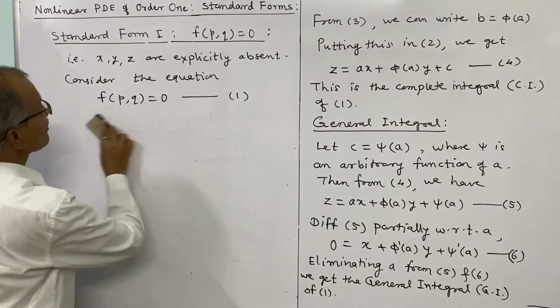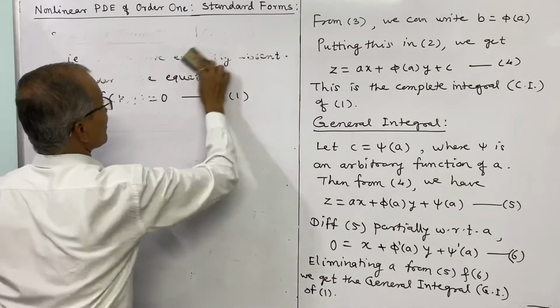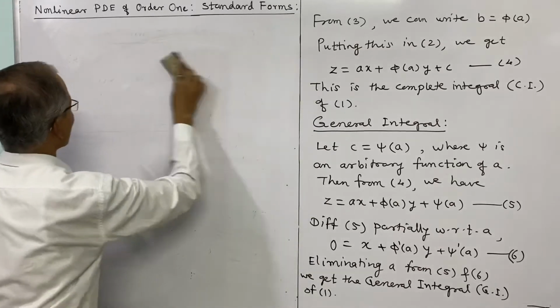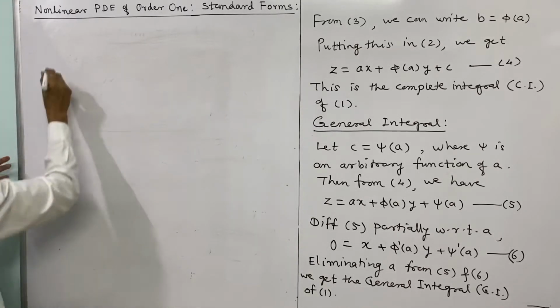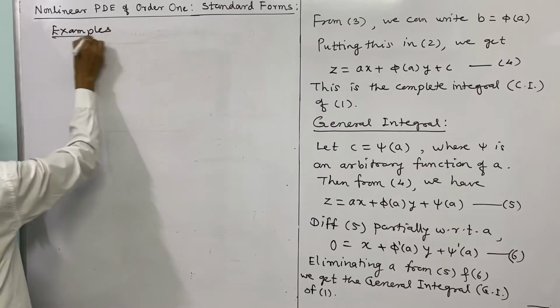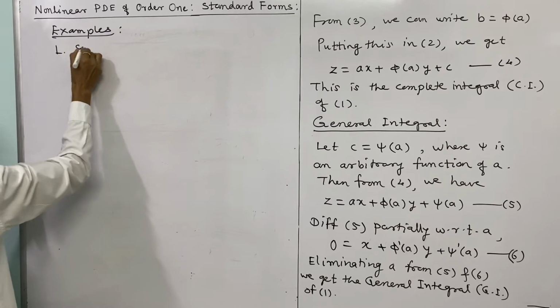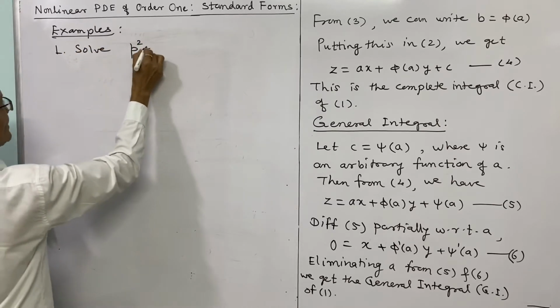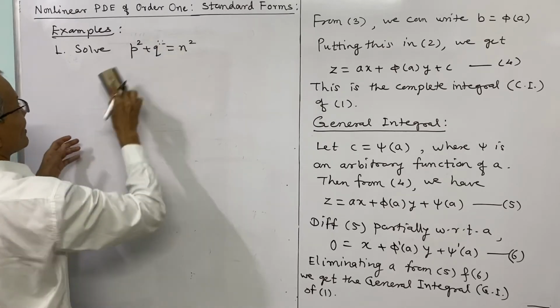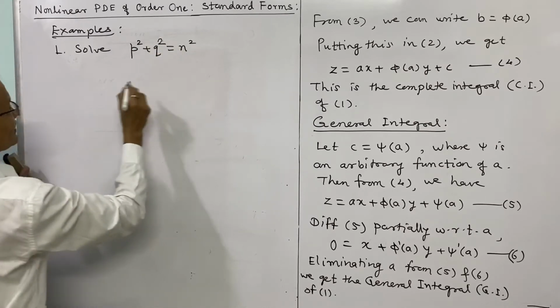First example we will consider: solve p square plus q square is equal to n square. This is the first problem.